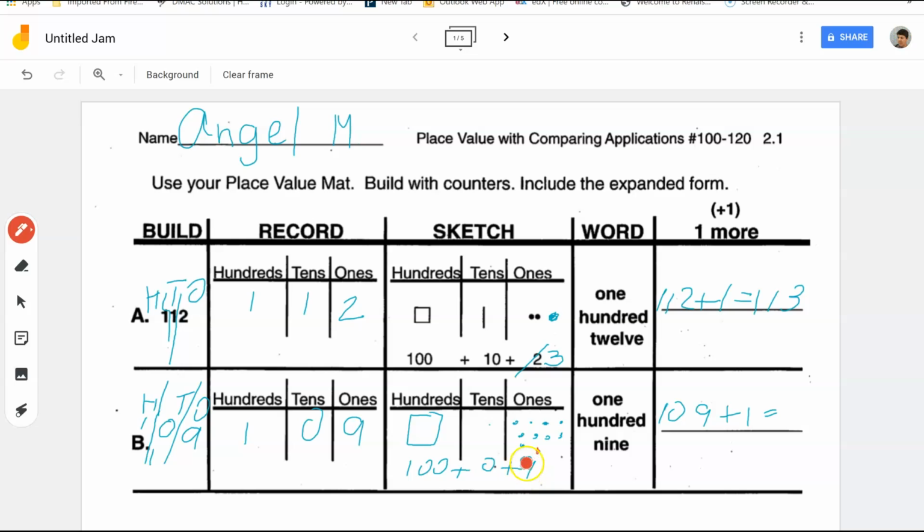So we're not gonna have any ones now, but all of this makes 110. So I'm gonna have 100, 10, and 0 ones. 110.